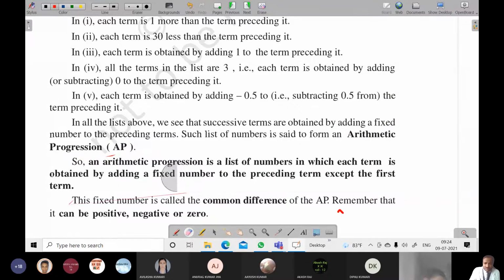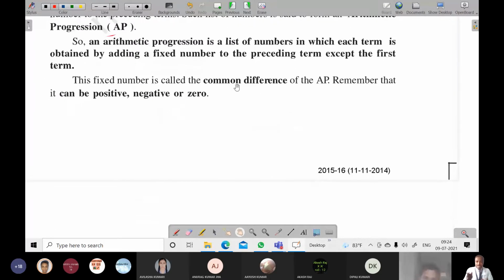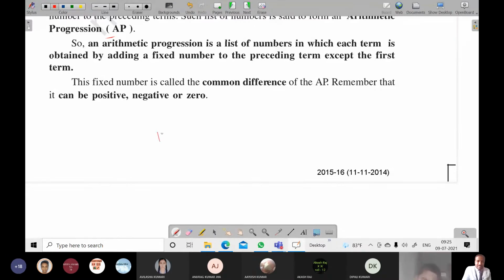So now, here this fixed number is called the common difference. From that time I was saying common difference is there. The number which is different from others, like earlier also there were examples, like if it is 100, then after that 90, then 80, then 70, each number is differing by 10 and it is becoming 10 less.